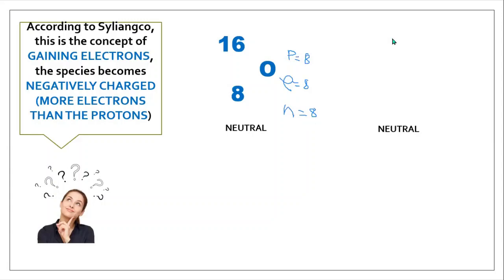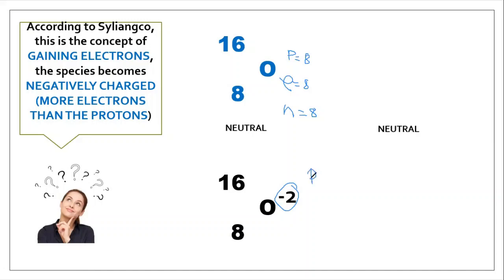Ngayon, ano ngayon? What if there is a negatively charged ions present on the oxygen? I-apply mo pa rin yung formulang binigay ko sa inyo. But this time, it's a different one. Okay, so ganito po siya. What if negative 2?